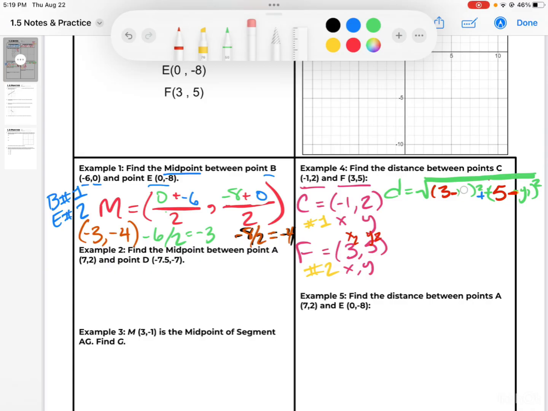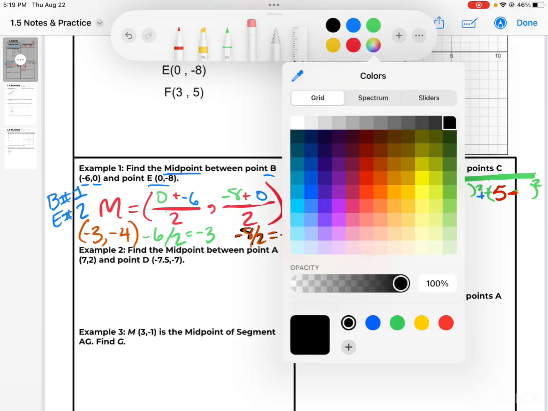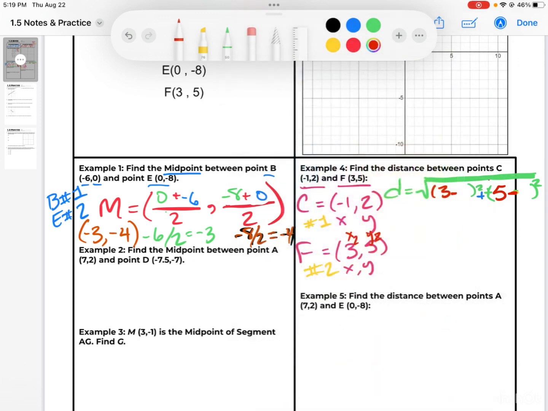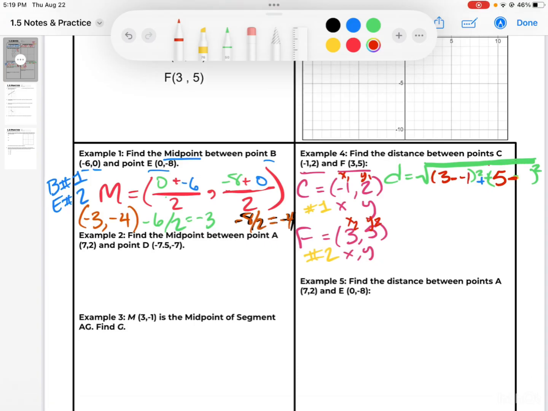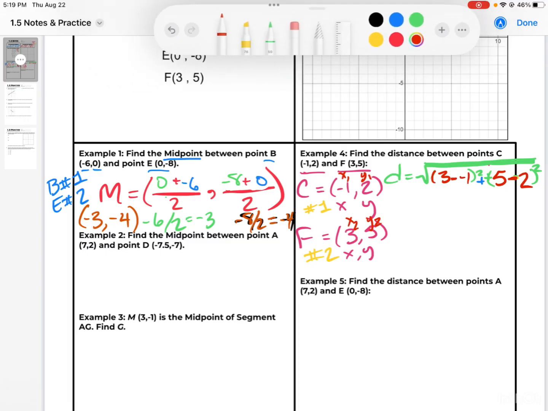And I am taking away the point number 1 values. And so for point number 1, I have x1 and y1. So I'm going to plug these numbers in. X1 is -1 and y1 is 2.